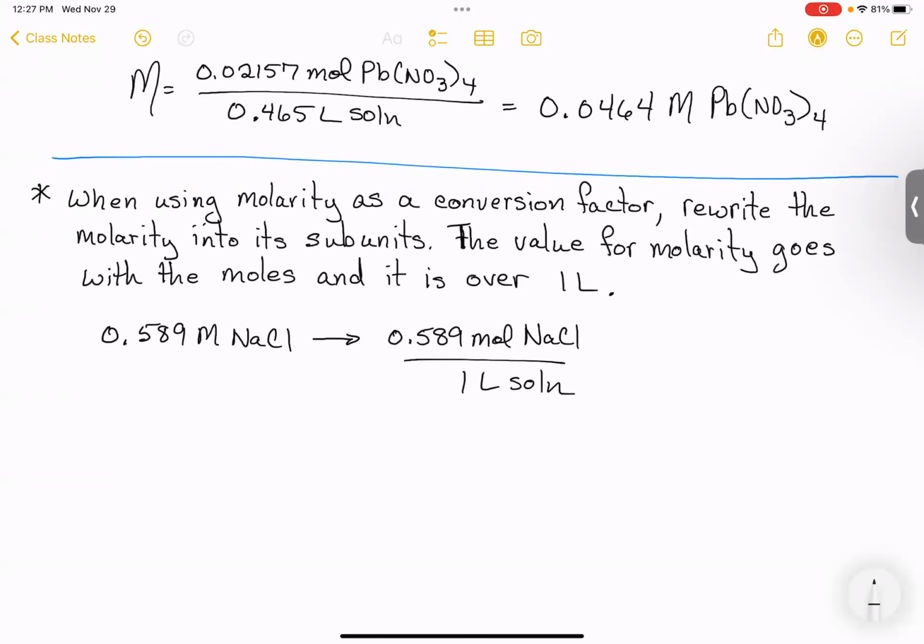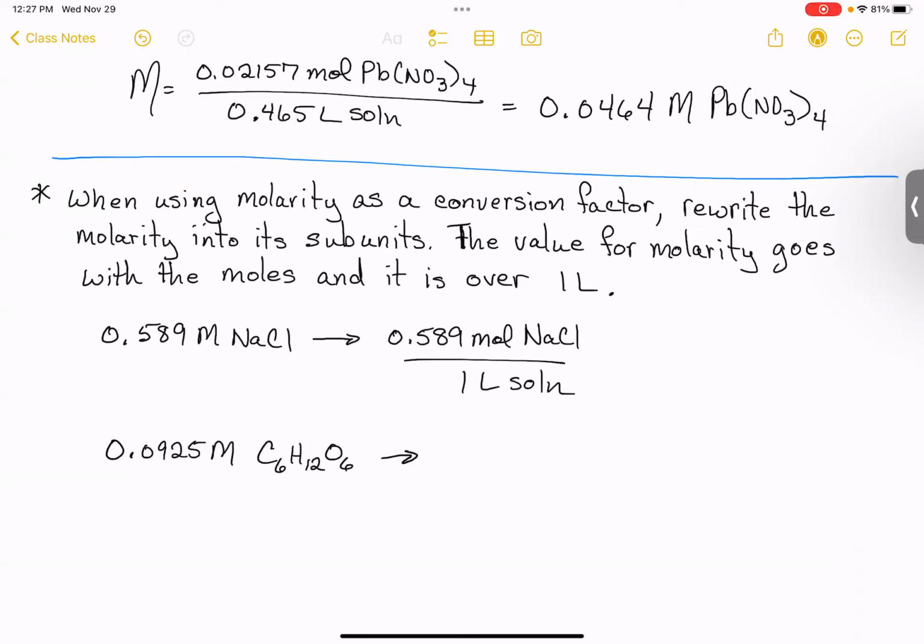Or let's say I have a 0.0925 molar C6H12O6 solution.